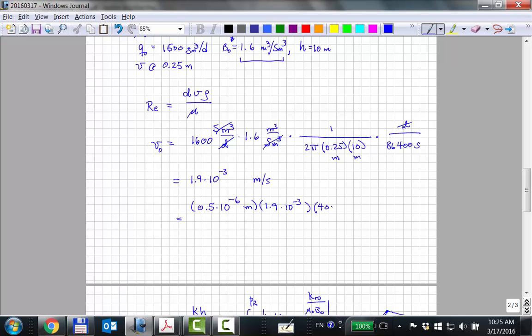Density, I said 400 kilograms per cubic meter, and viscosity 0.2 millipascal seconds, 10 to the minus 3. Is that right?